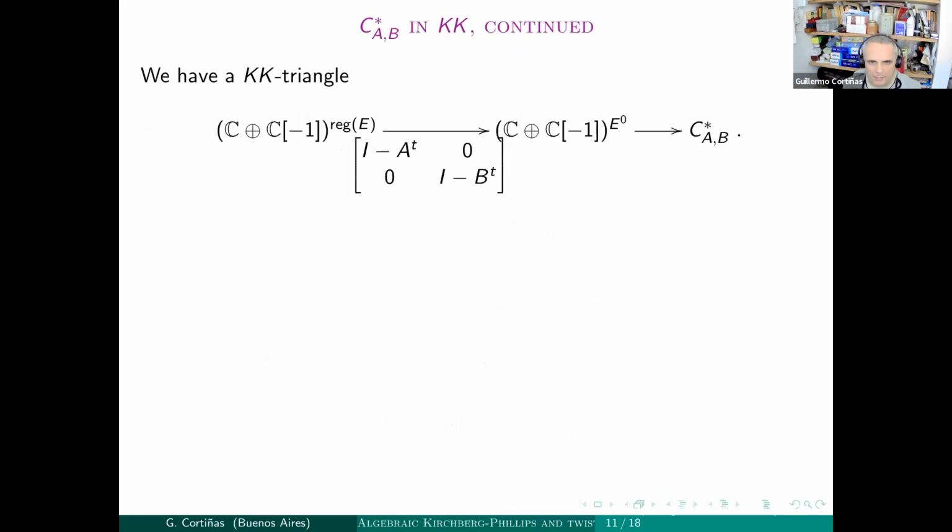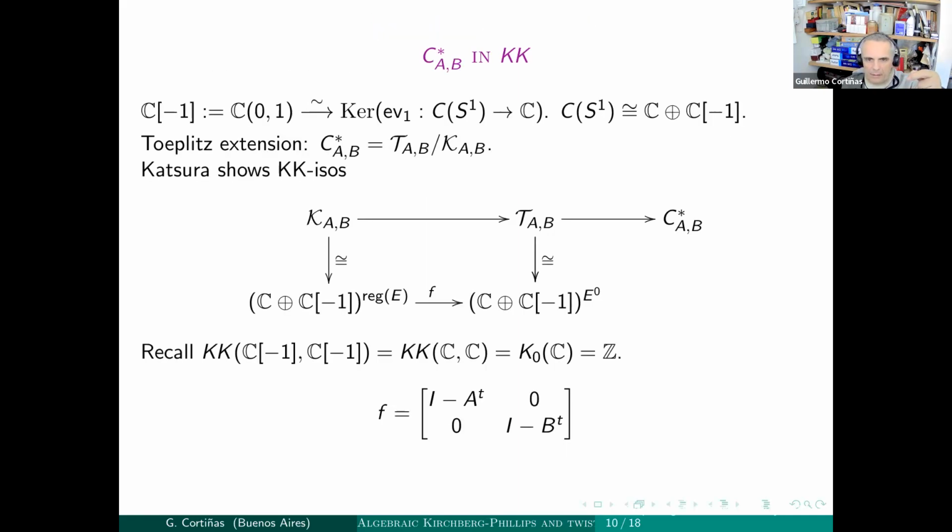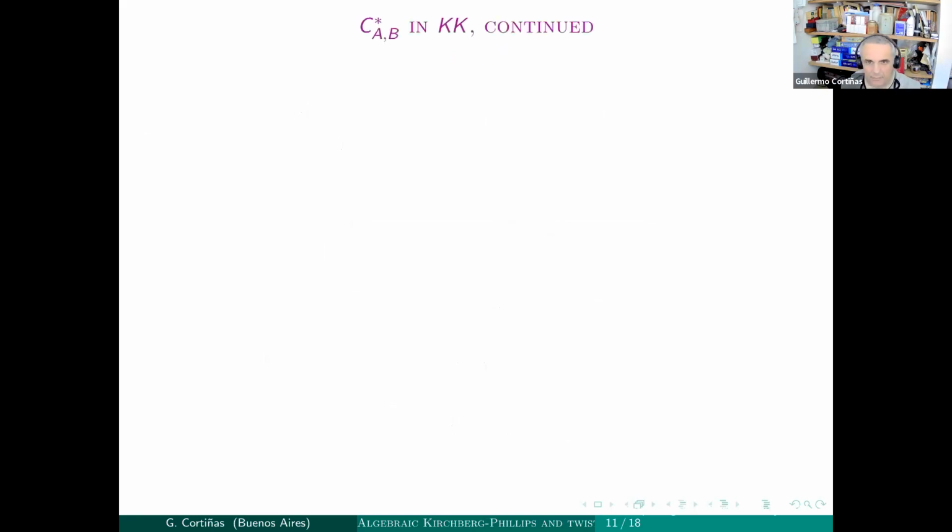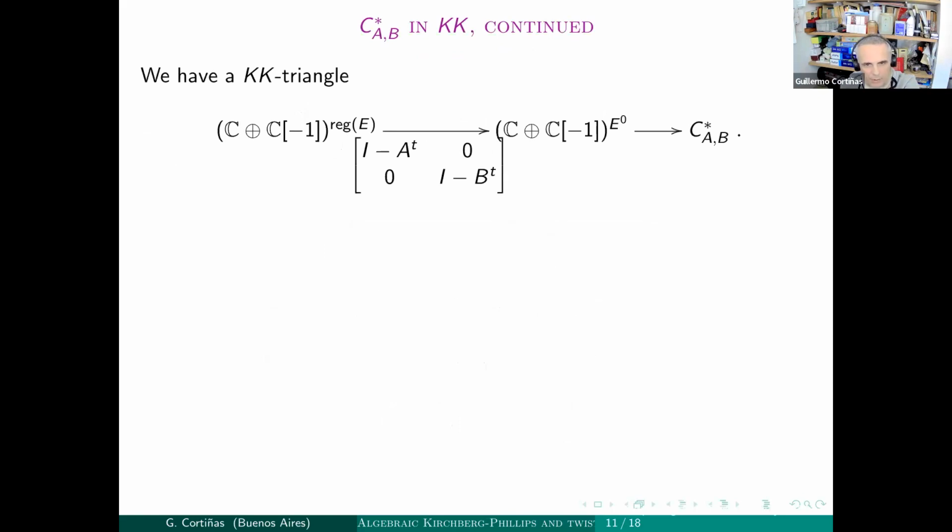And right, one had these isomorphisms, and so one can replace K and T by these sums of copies of C plus C_{-1}. That's what I wrote.